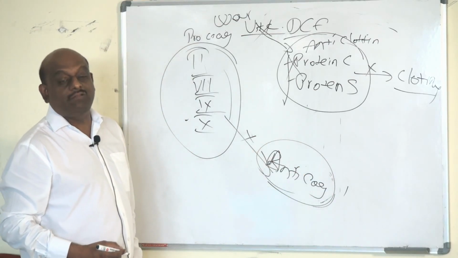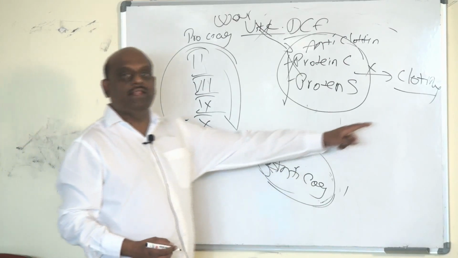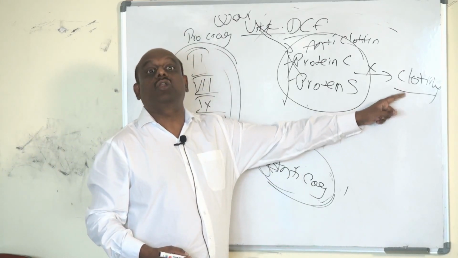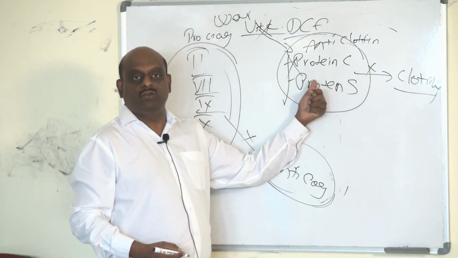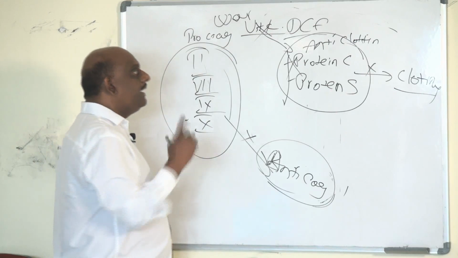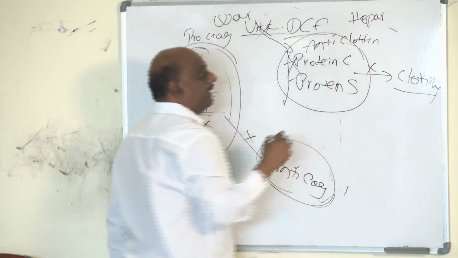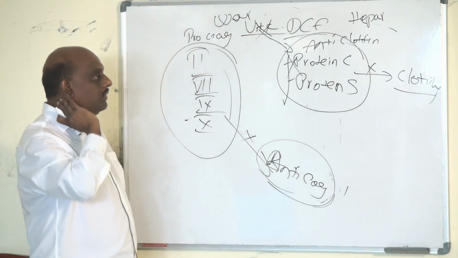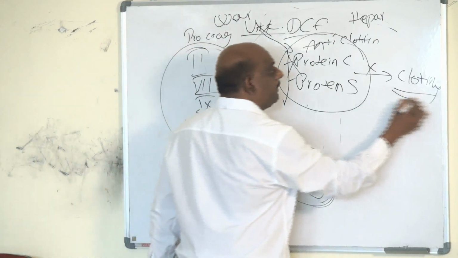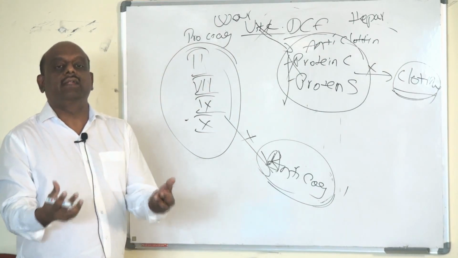And why do we use warfarin? Mainly for anticoagulation. But what is the problem with that? Initially, there is a clotting tendency because of the inactivation of protein C, protein S. That is the reason, unless you add heparin to the warfarin, you cannot prevent the initial coagulating tendency.